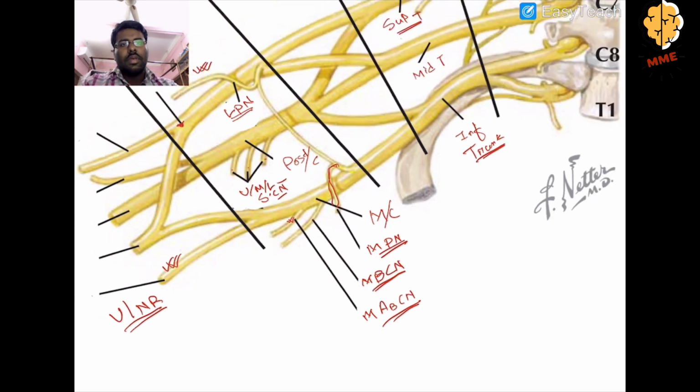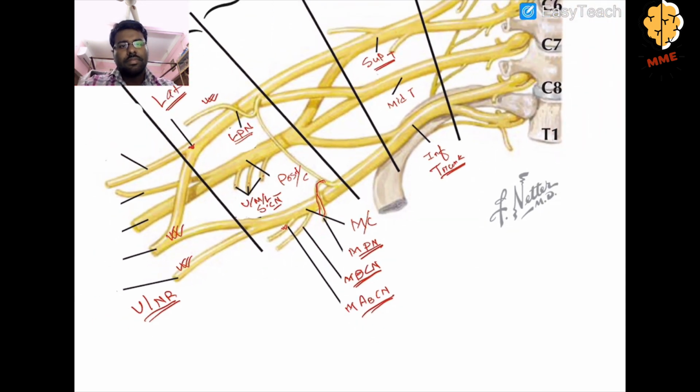What is this nerve? One from lower and one from upper, this is the median nerve. What is this nerve? Coming from the posterior cord, you know, the radial nerve.